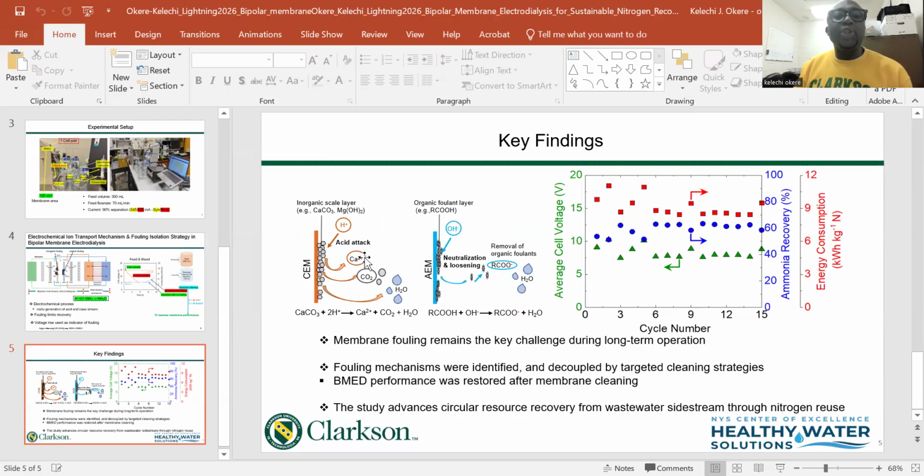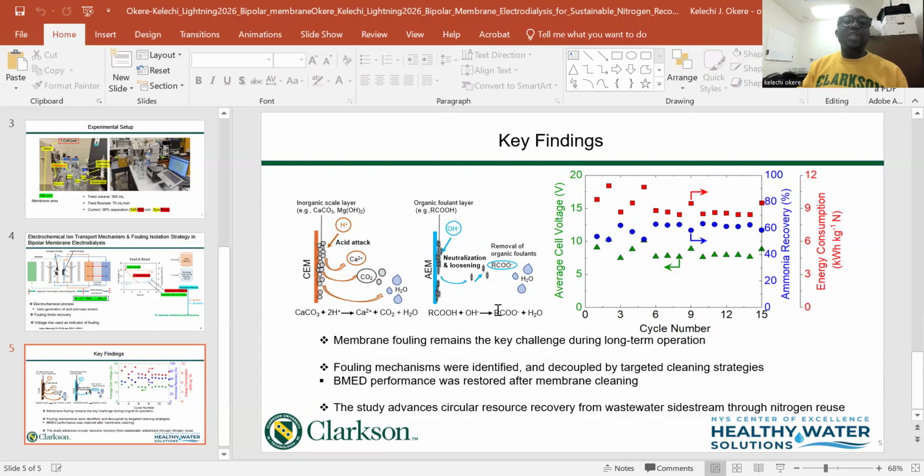So this shows the mechanism of the cleaning. For the acid cleaning, we see that acid helps to dissolve the mineral scales that are stuck on the cation exchange membrane and turn them into dissolved substances and, of course, gas, as we see from this equation.